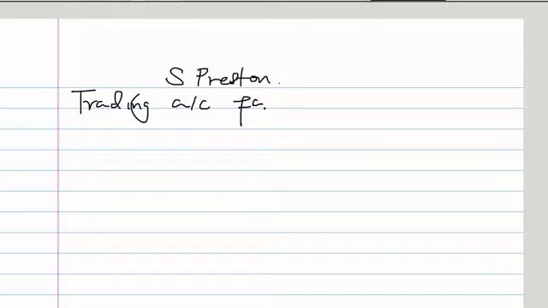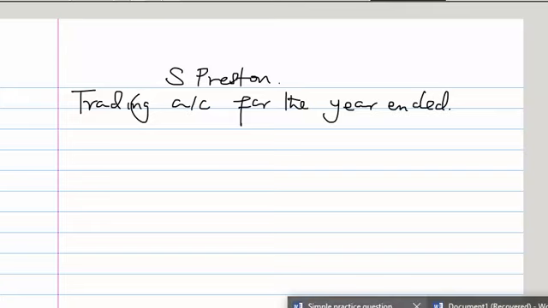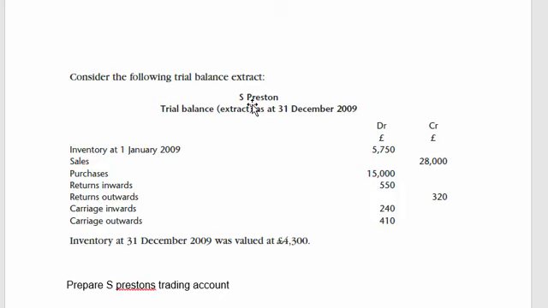So we are looking at the trading account, which is going to be prepared from January 2009 to December 2009.